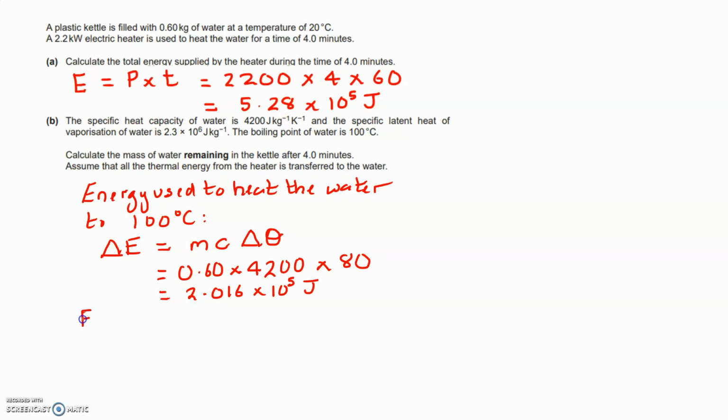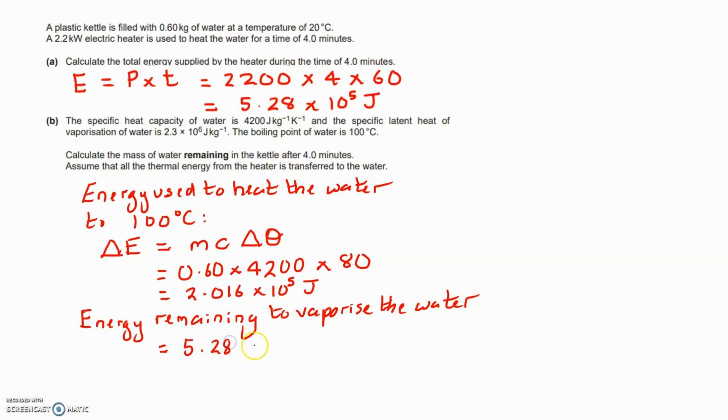So the energy remaining to vaporize the water is the total energy supplied, which is 5.28 times 10 to the 5, take away the energy to heat the water to 100 degrees Celsius, which we have just calculated, 2.016 times 10 to the 5.